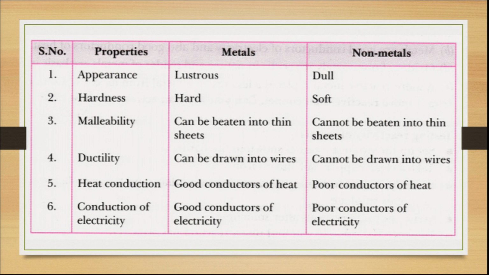And another property that I want to quote, which is not there in the table, is your sonority. I think all of us go to the temple. When we pray in front of God, there is a bell in every temple. When we strike that bell, what happens? It produces a ringing sound. So sonority is the property of a metal by which they can produce a ringing sound.